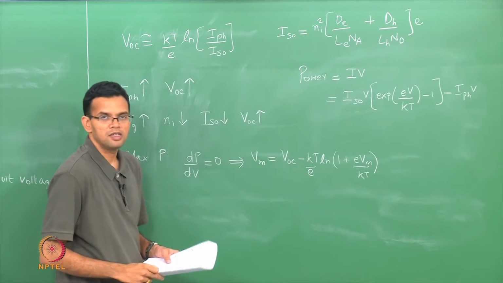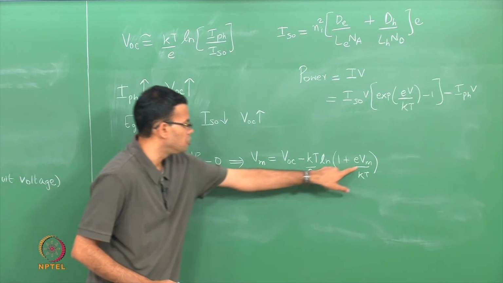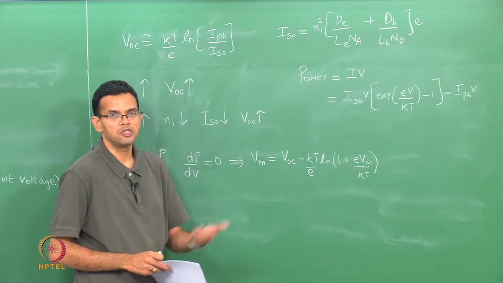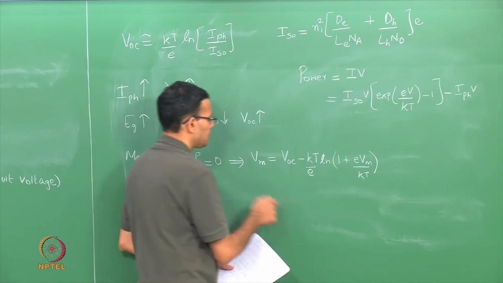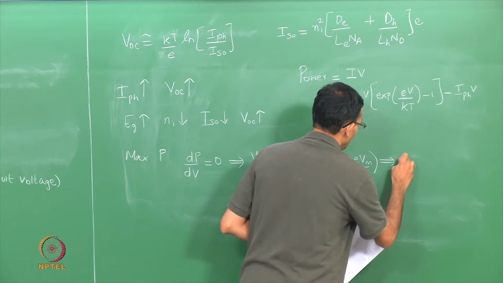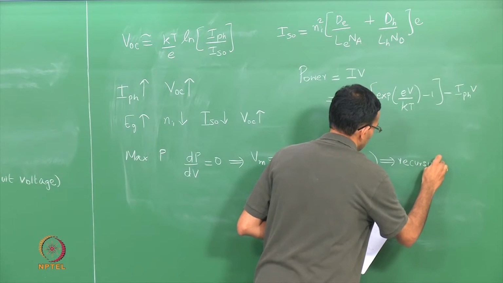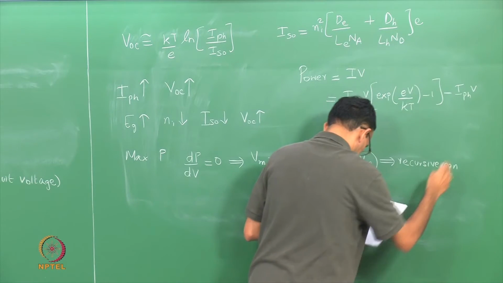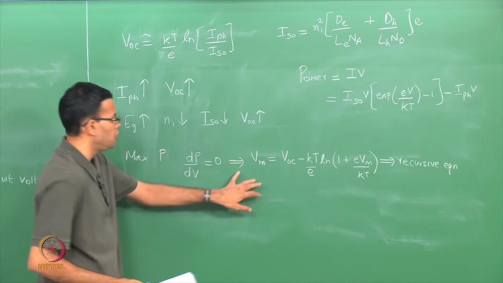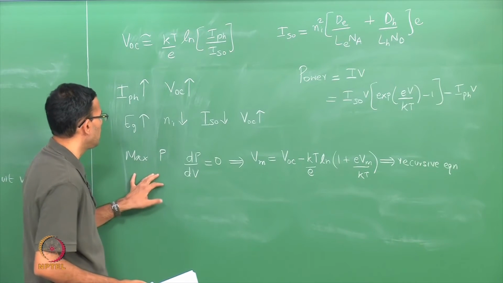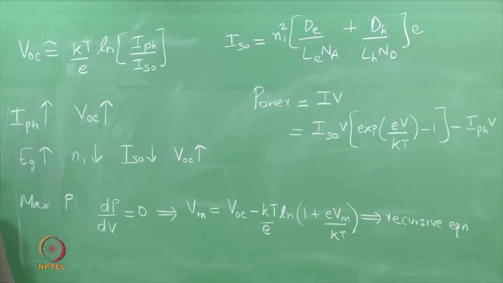So this is a recursive relationship because Vm is on both sides, but it can be solved in order to get the maximum voltage or the voltage corresponding to maximum power. So once we know the value of Vm, we can plug in this expression and get the maximum power.